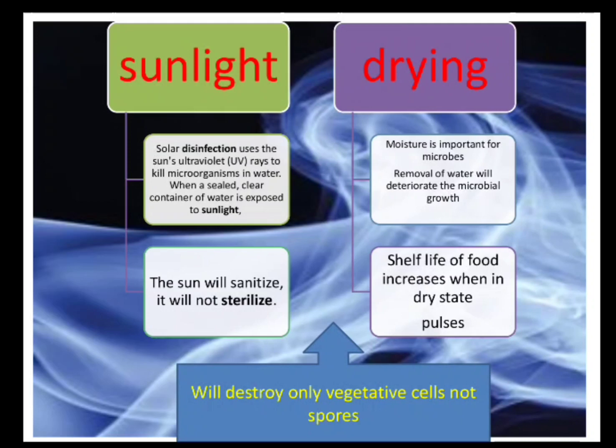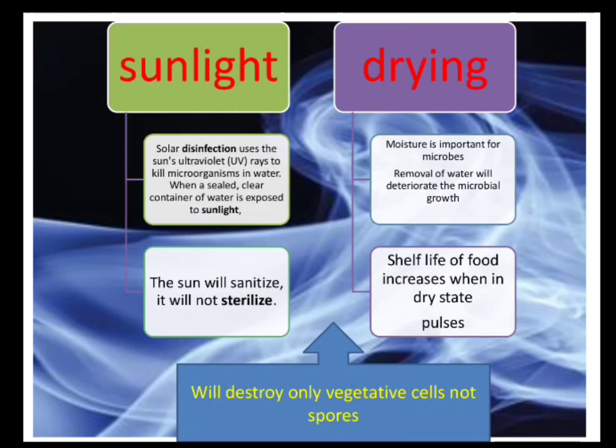Not only that, you might have also seen in your houses that you keep your food materials under the sunlight. When you do that, definitely the shelf life of that particular food or substance increases, as the number of microorganisms becomes less. Drying, you could say, is one method of putting it under sunlight, but you can also apply drying by other physical methods too.